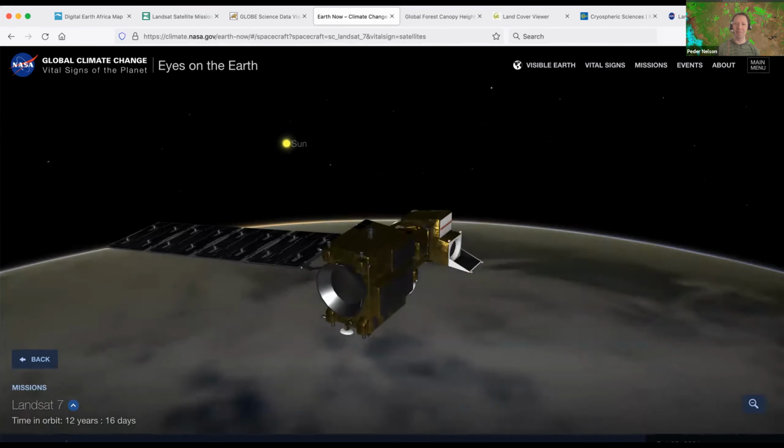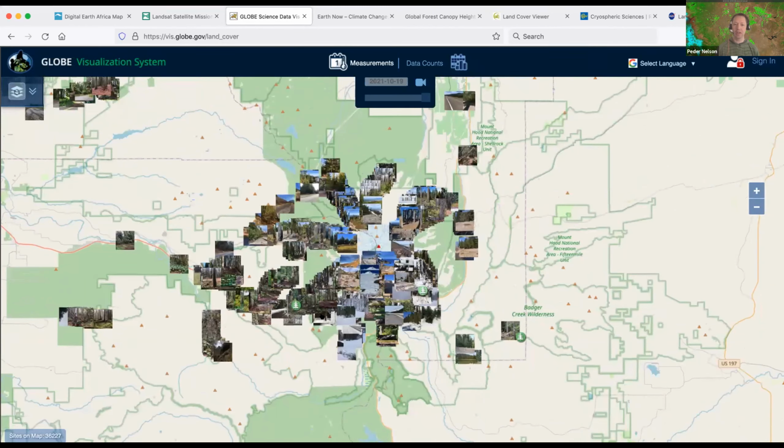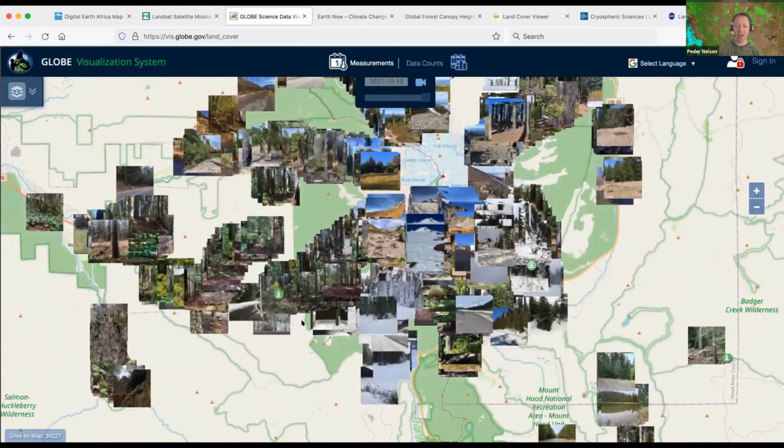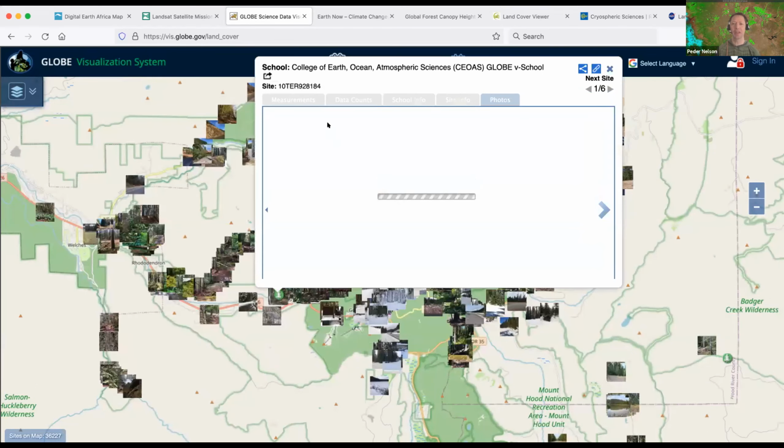So again, I go back that this is one of the wonderful things that I see with the GLOBE program, is that we can actually start putting together multiple data sets, right? And that's what we've been doing here. And so here I'm just highlighting the land cover photos, but if you actually zoom in, I did a tree height at one of these locations.